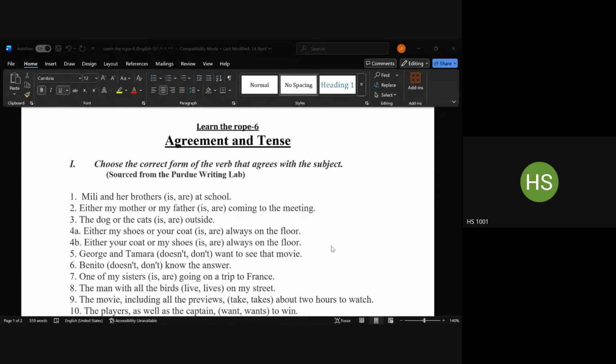Keep this in mind that in the English language, the simple present tense marker is not overtly present, right? You can't see it on the verb, right? This S that you see in the verb lives, this is a marker of agreement. This is not a marker of tense, right? In English, the simple present tense marker is absent.